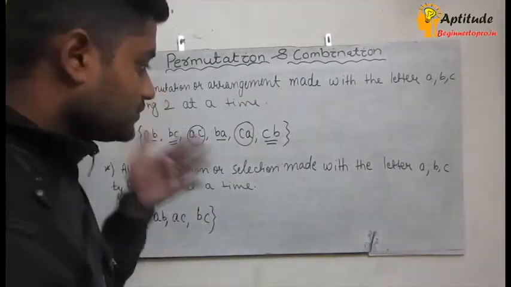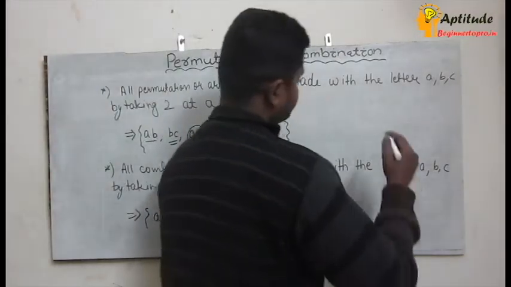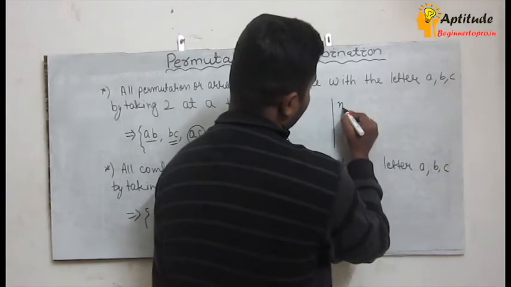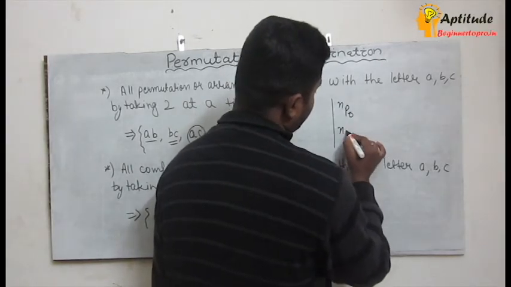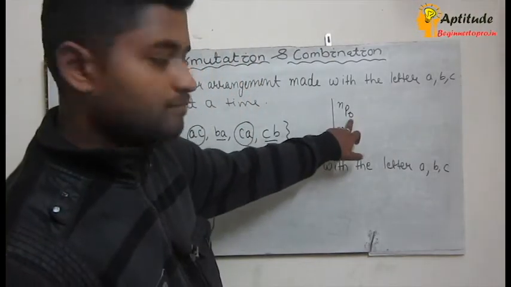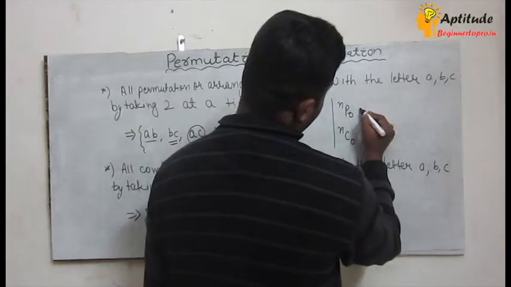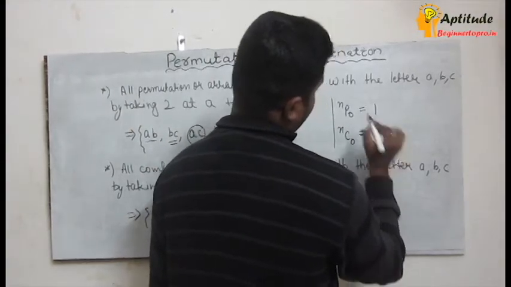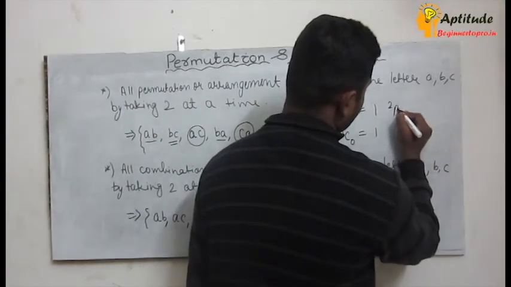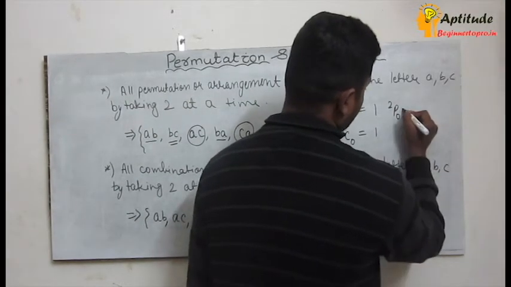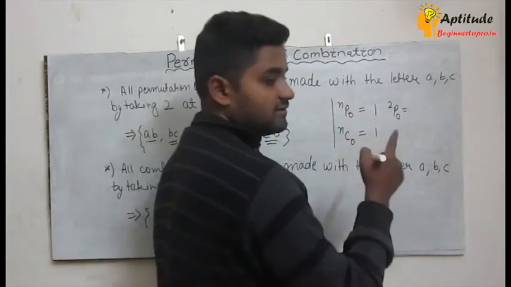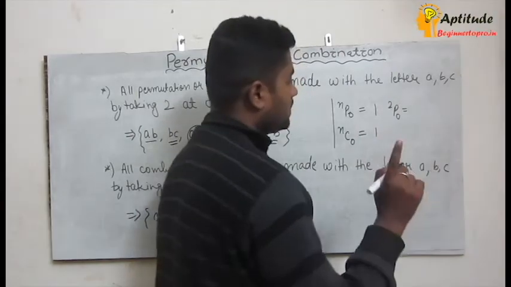Another concept is, whenever you see in questions the value of nP0 or nC0, whenever you see 0 below, the value will always be 1. A simple example: if we need to find 2P0, according to the permutation formula, nPr is n factorial by (n minus r) factorial.